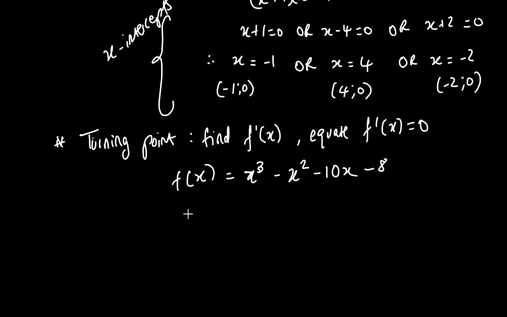To find the derivative of f, it would be 3x squared, and then minus 2x, and then minus 10. By now you should know how to apply the rules. So this will be the derivative of f. Now, what is a derivative? It's an equation that helps us to find the gradient at any point.